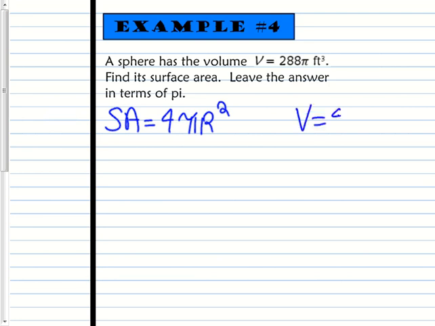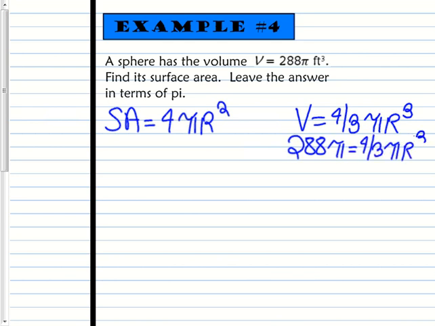Volume of a sphere is 4/3 pi r cubed. So we're going to plug in everything we know in order to be able to find the radius. So the volume is 288 pi equals 4/3 pi r cubed.